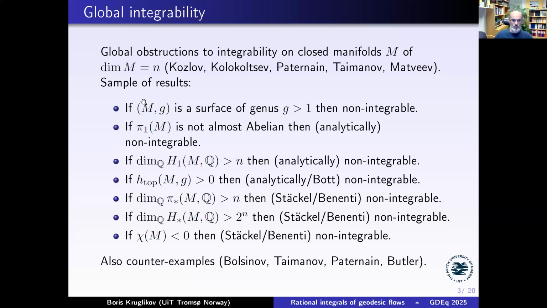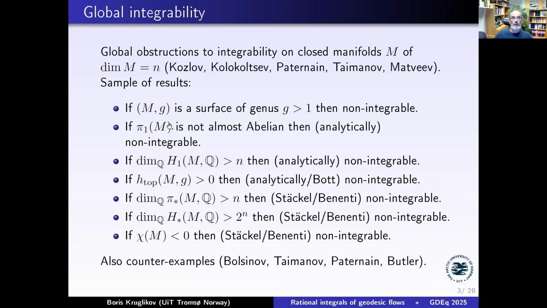The first results go to Kozlov and then a stronger version to Kolokoltsov: if M is a closed surface, dimension 2, a manifold of genus g, and if the genus is greater than 1, then whatever the metric g is, the geodesic flow is non-integrable.